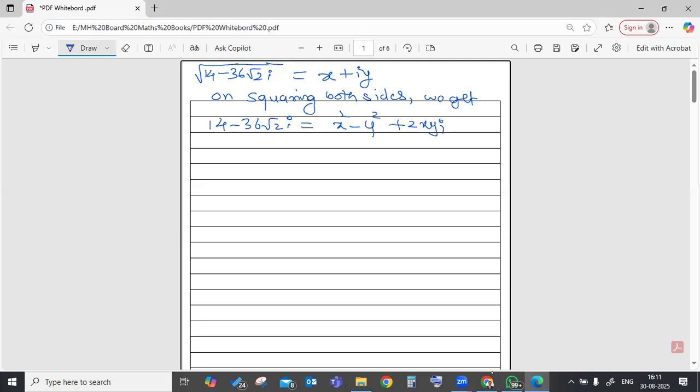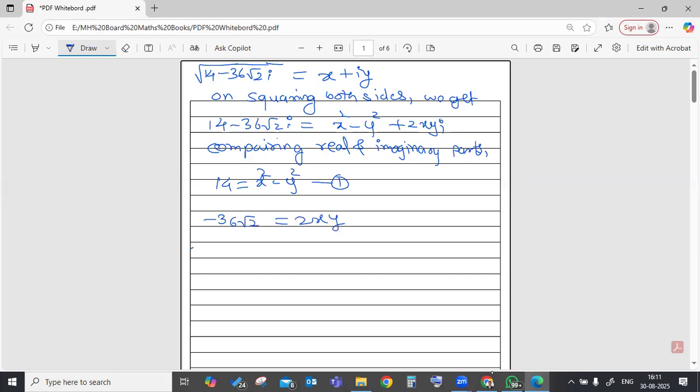On comparing real and imaginary parts on both sides, we get 14 equals x square minus y square as equation 1, and minus 36 root 2 equals 2xy.